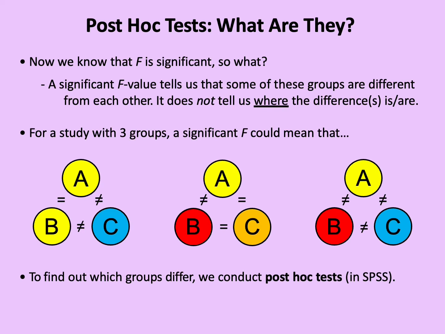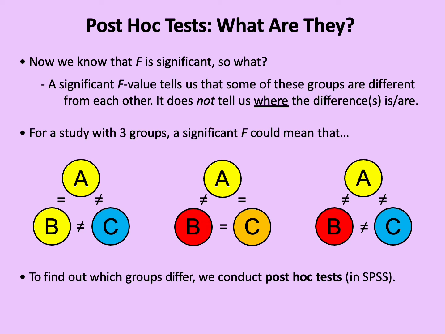So post hoc tests, what are they? Like I said, we know that our F value, our calculated statistic, is significant. But all that tells us is that some of these groups are different from each other, but it does not tell us where that difference lies.